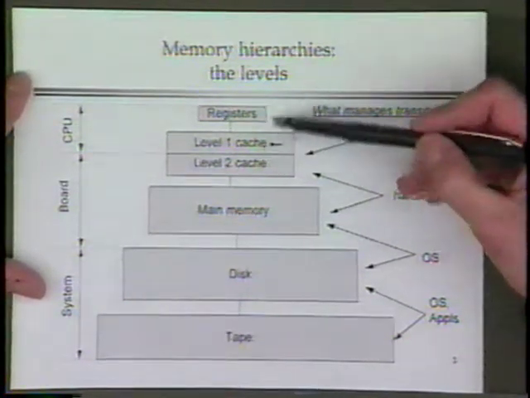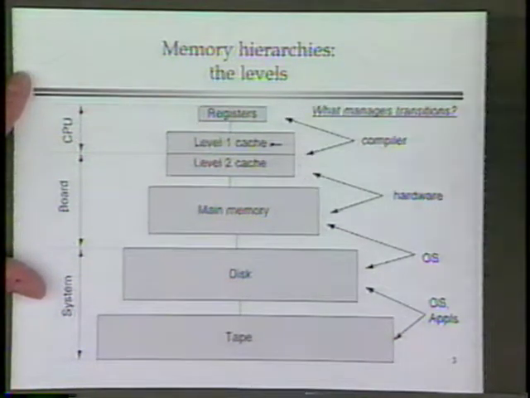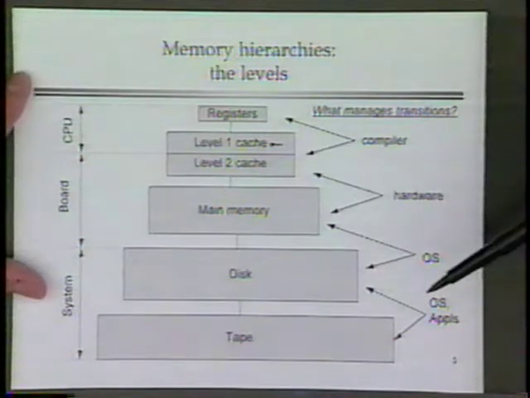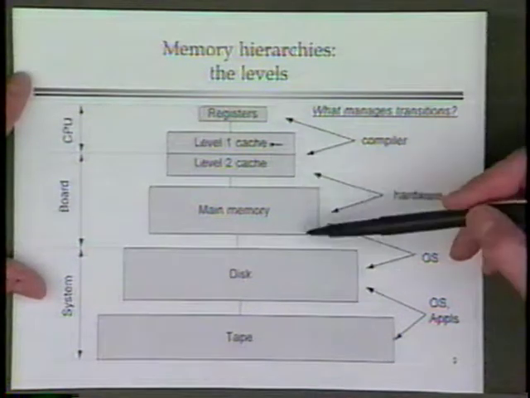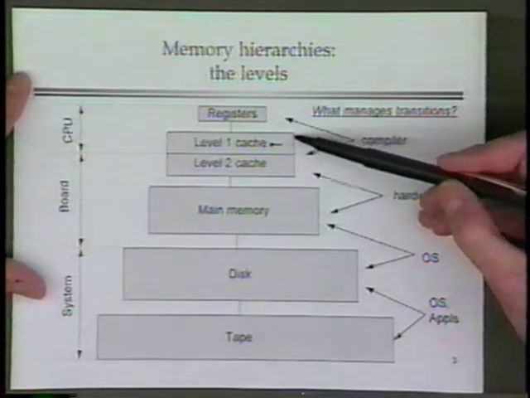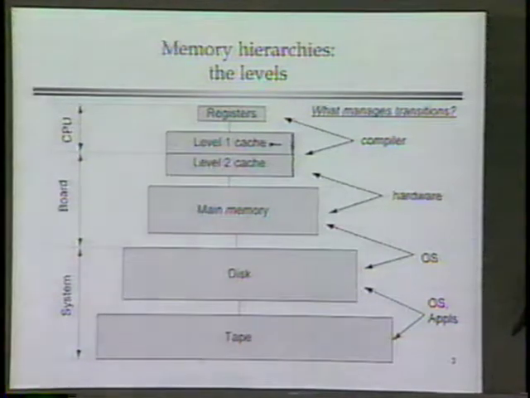The distinguishing property of registers as a cache is that the compiler manages the transition of data from registers to the memory caches. At the next level down, hardware manages the transition of information between the level 1 and level 2 caches and the main memory.